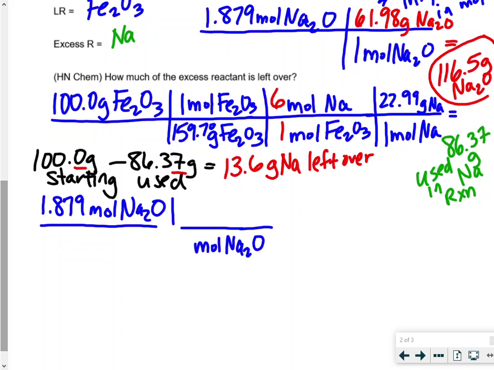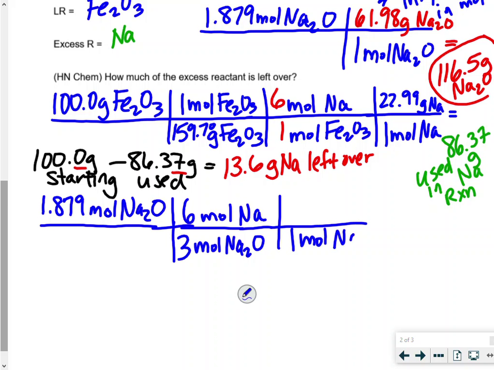It's 3 moles because we're doing mole ratio first. 3 moles to 6 moles of sodium. And then 1 mole of sodium is going to be 22.99 grams sodium. Calculate that: 1.879 times 6 times 22.99 divided by 3. And guess what you get? 86.39. Just so close to this value up here.